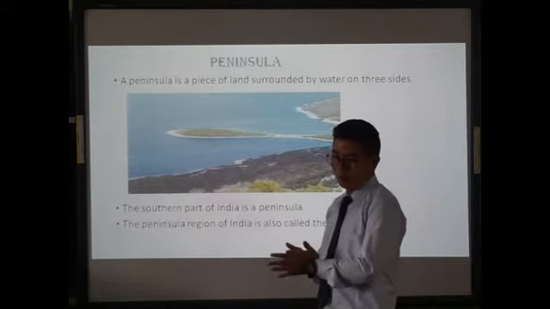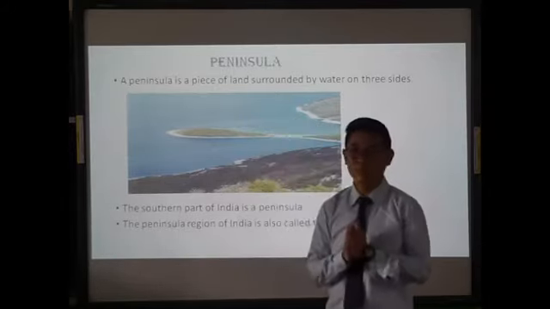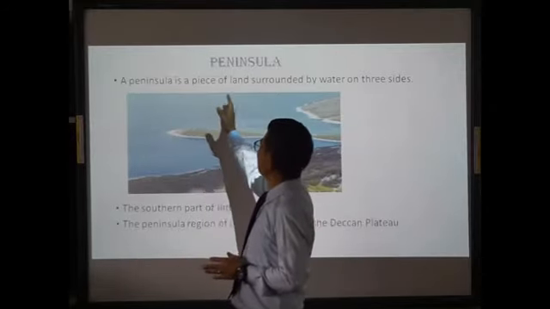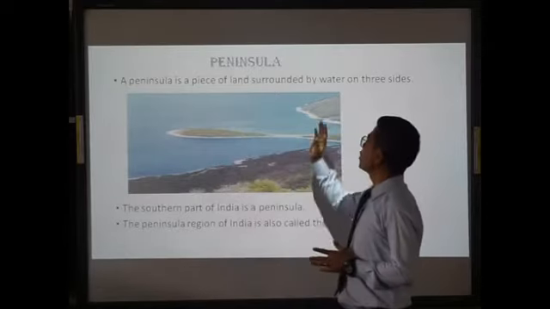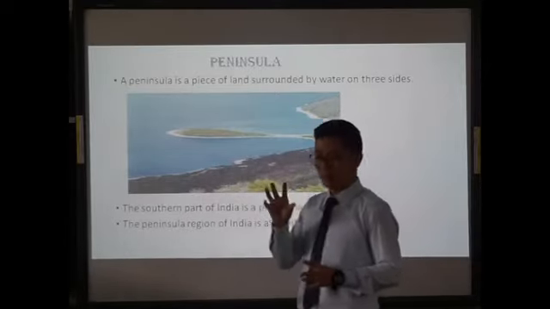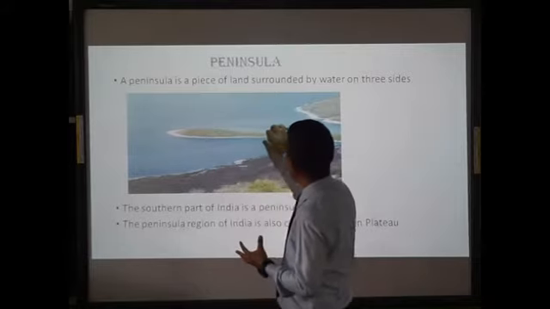Next we are going to discuss the peninsula. So what exactly does peninsula mean? A peninsula is a piece of land surrounded by water on three sides. Suppose this is a piece of land.